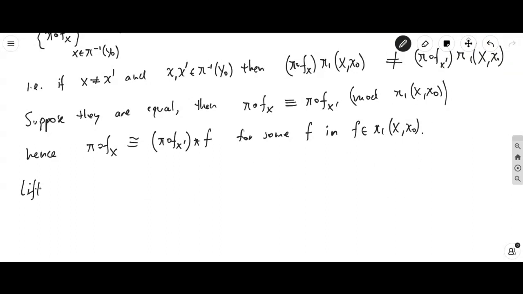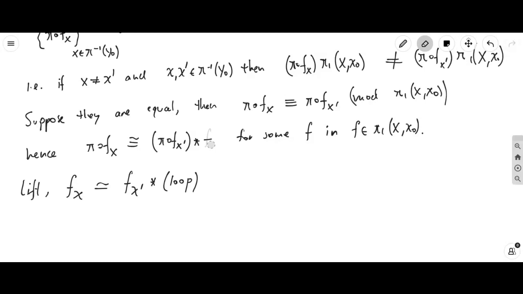So if you lift, this is the projected loop, so it lifts to fx, and you're saying that this is going to be homotopic. This one lifts to fx prime, juxtapose, and this f lifts to, whatever it lifts to is going to be a loop.